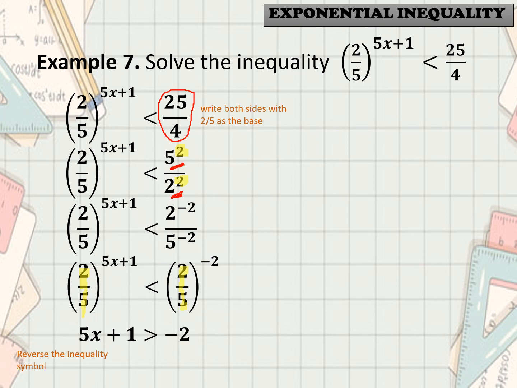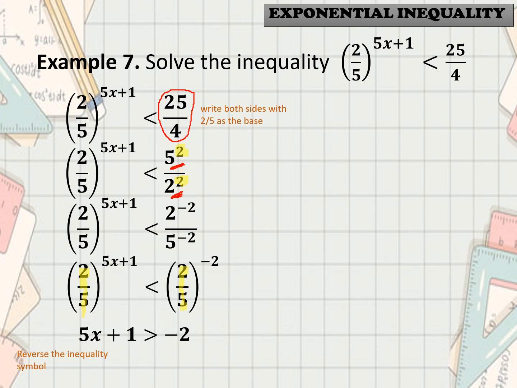Kapag daw ang base natin is less than 1, mas mababa kay 1, ang inequality symbol natin ay marireverse, mababaligtad. So, andito ang ginamit natin ng una is less than, so ang magiging inequality sign natin is greater than. So, ang ating inequality ngayon is 5x plus 1 greater than negative 2.